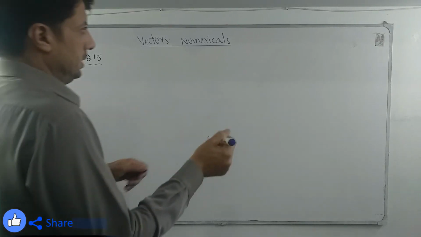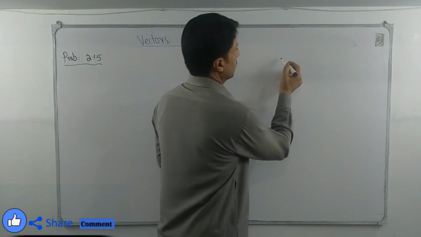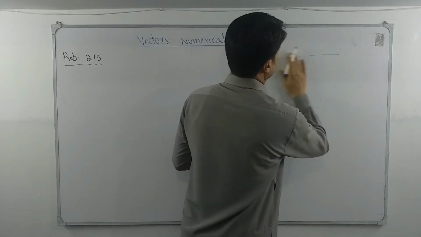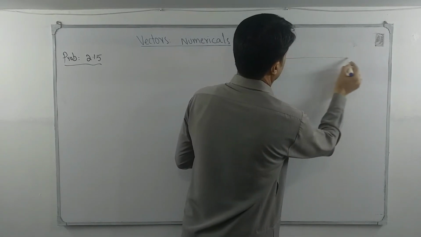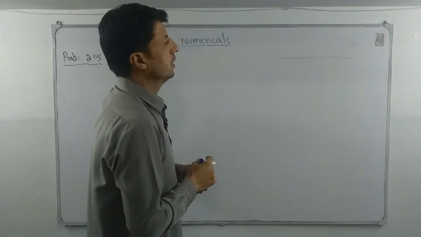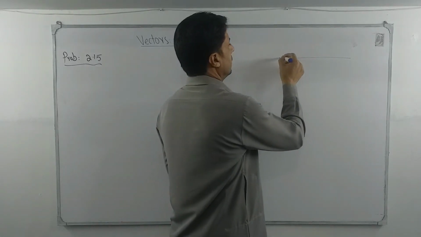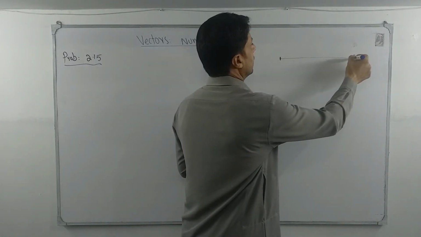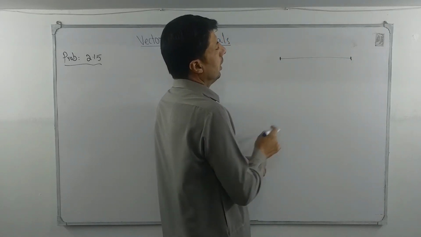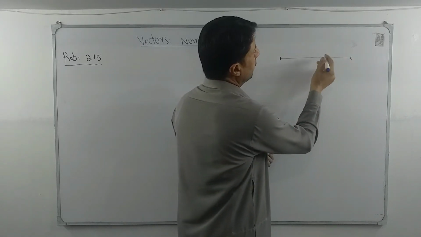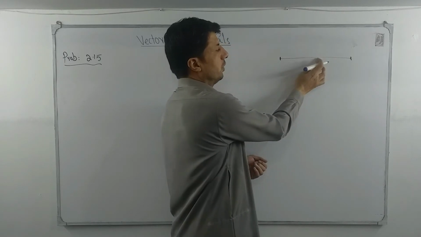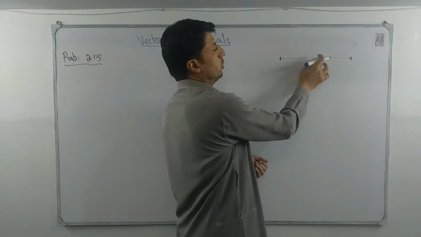Okay, suppose this is the cloth line. We need to draw a straight line. This is the cloth line, and it has been fixed from this point. Now a load of 10 Newton is suspended from the midpoint, from this point. So this will distort this line.